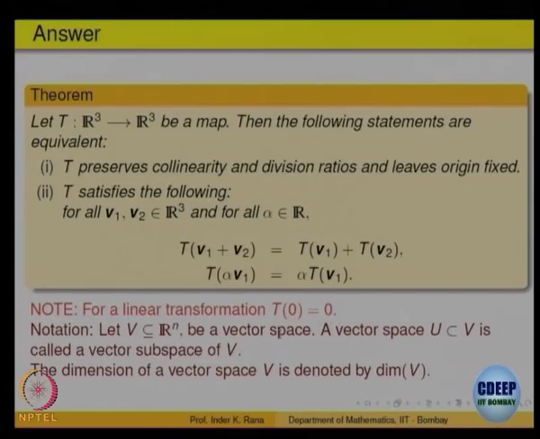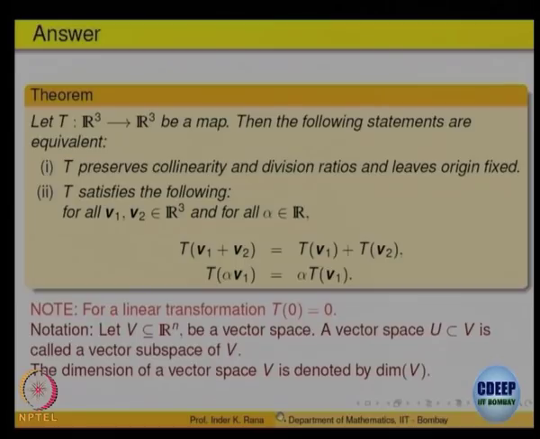And note another thing, here it is from R3 to R3, but when I define for vector spaces, we will see that they need not be from same vector space to the same vector space, right. Domain and range need not be same.